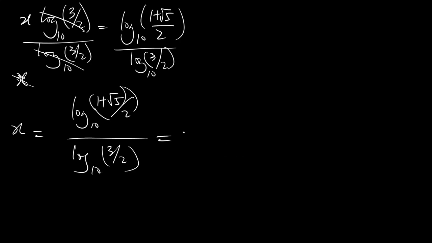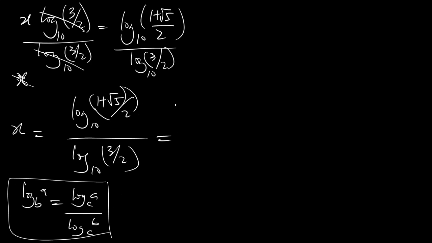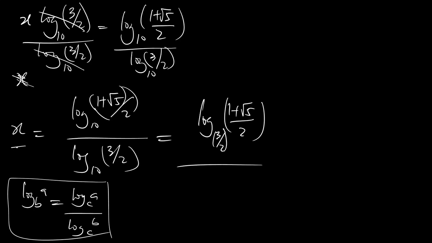This can also be written in this form by applying the change of base law. Let's say log a base b is the same thing as log a base c divided by log b base c. So applying this rule, you now have this to be log 1 plus root 5 divided by 2 to base 3 all over 2. So that means our x is equal to this.